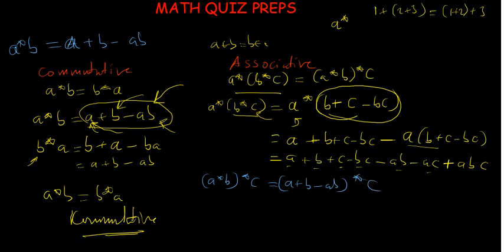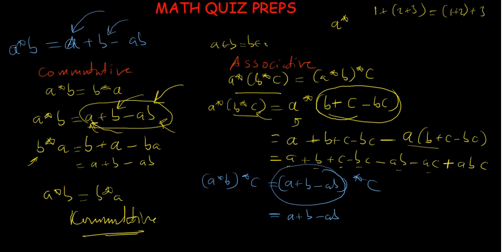So the whole of this portion is going to act as the first term. Remember, the operation is in the first term. The first term we are going to get is a plus b minus ab, and then add the second term.